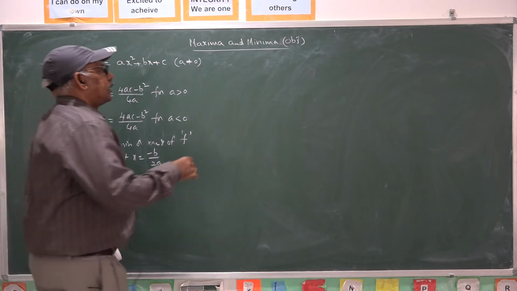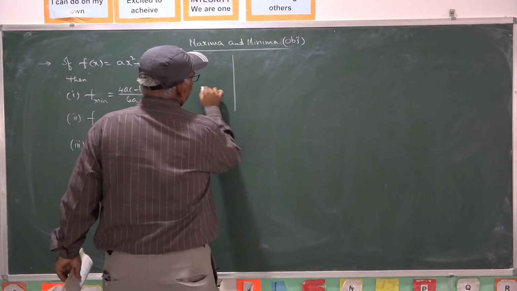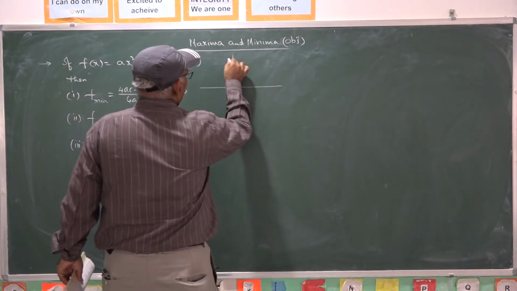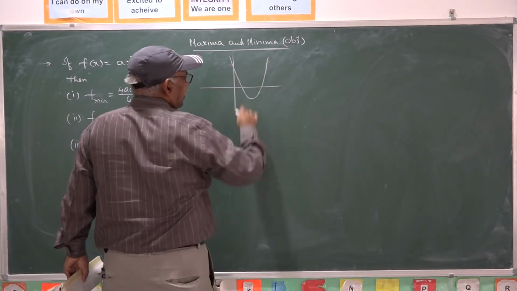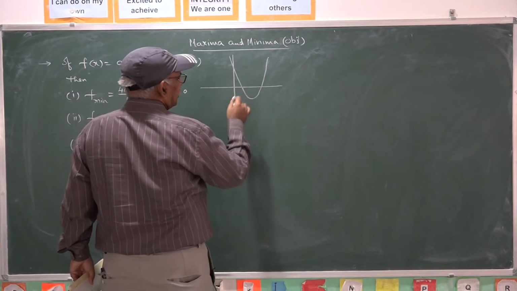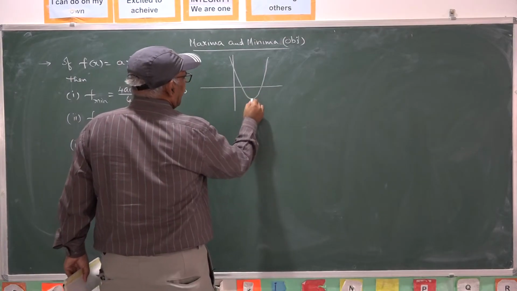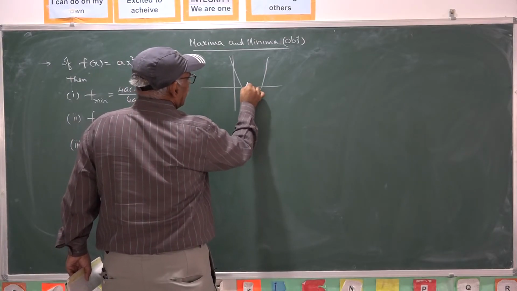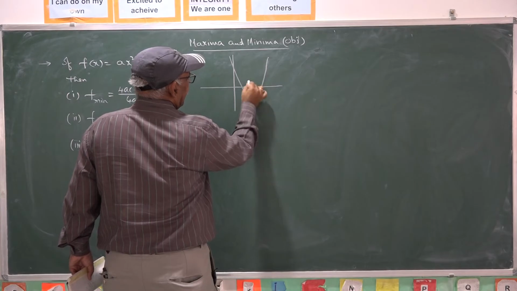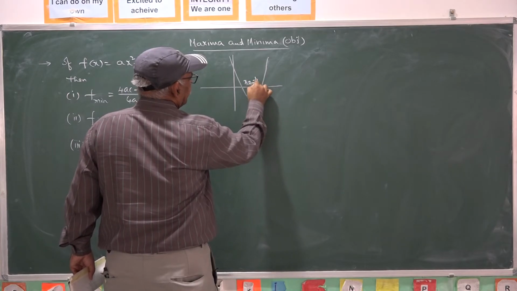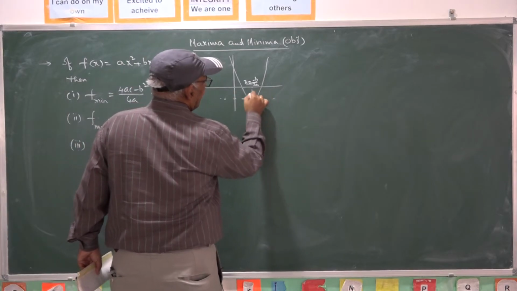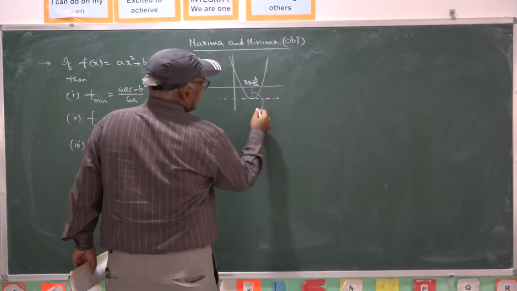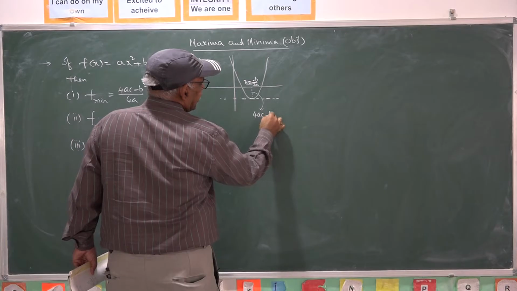Graphically, for a greater than 0, the graph is an upward open parabola. It takes its turn at x equal to minus b by 2a. At the turning point, it takes minimum value. This length is minimum, 4ac minus b square by 4a.